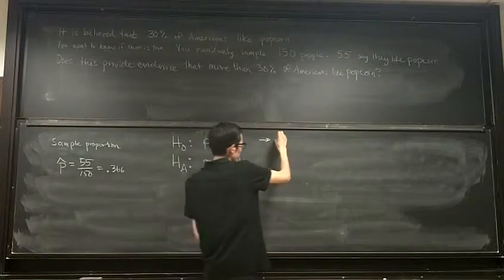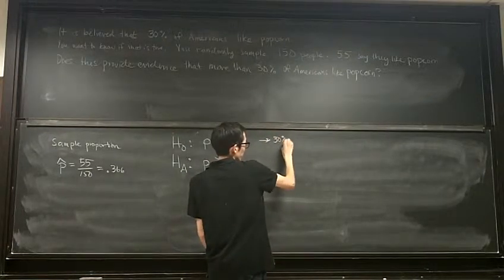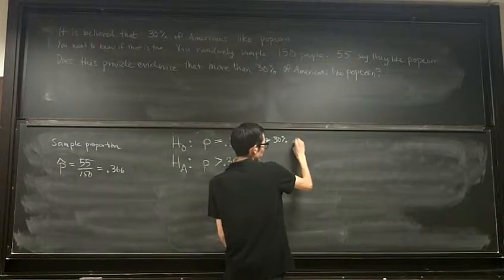And the idea behind this is, you don't have to write all of this, but the null hypothesis states that 30% of Americans like popcorn.